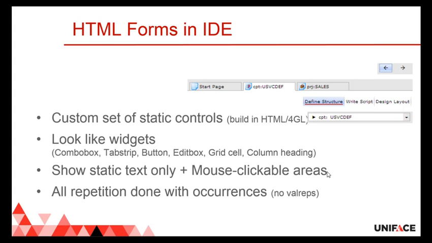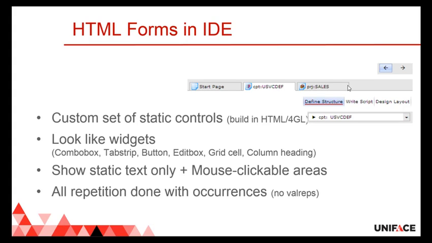So although this looks like a tab strip, and this looks like a series of buttons, this looks like a kind of combo box, it is not. It's just a couple of text with some lines and some clickable areas built in HTML. All the repetition is done using occurrences, so we didn't use any valreps because we don't use any native widgets, so we don't have the availability of valreps.